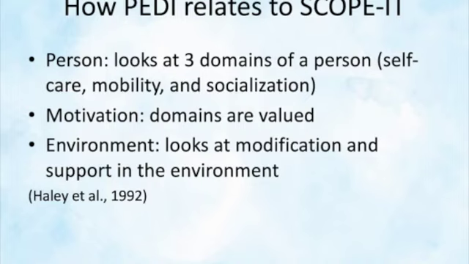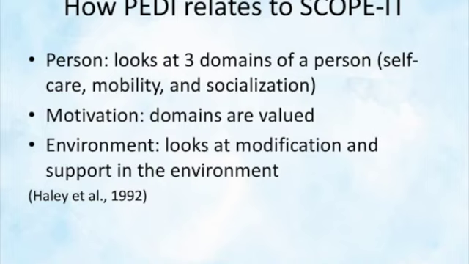The PD also addresses motivation to some degree by looking at what domains that people find value in. So other than that, autonomy, relatedness, and competence are not measured greatly by the PD. So that's one way having a Scope It specific assessment could benefit.